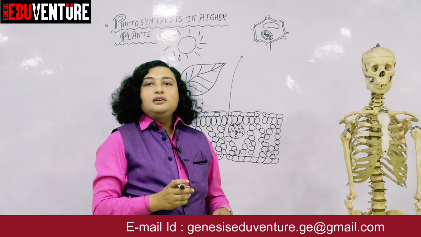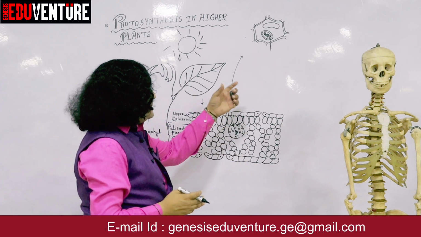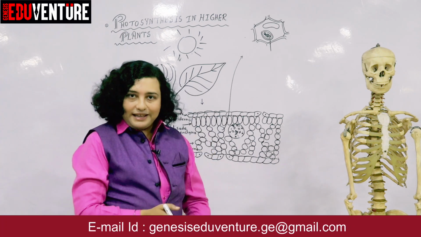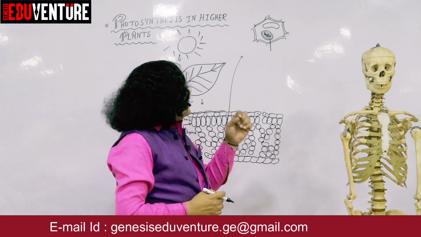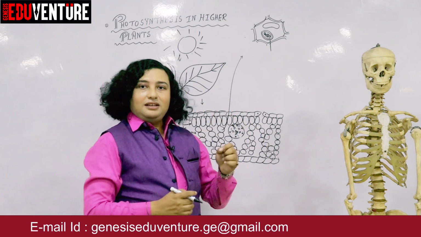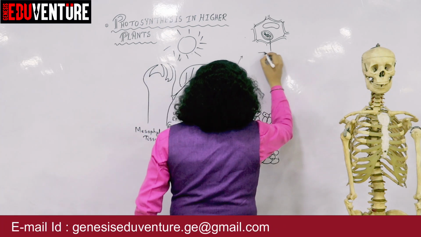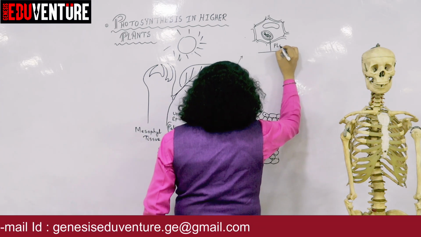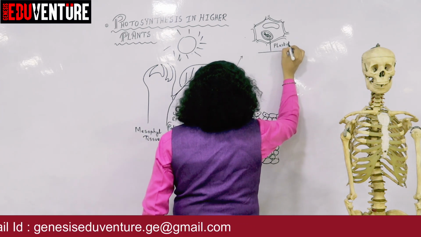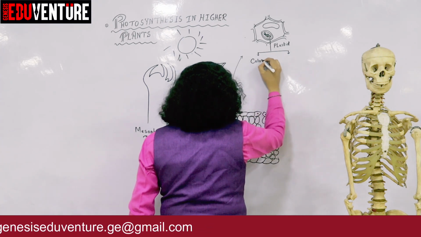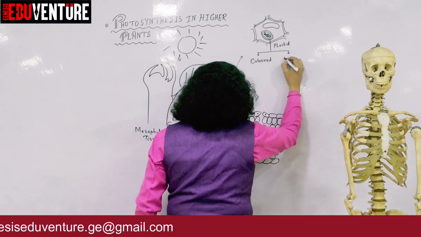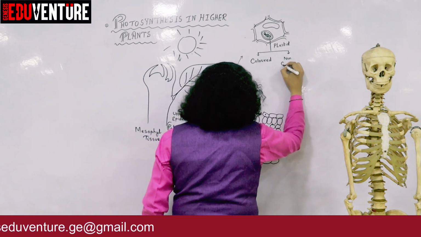You have studied in the cell chapter that plastid is an organelle which is found to be present in the plant cell, and it is of mainly two types. This is plastid, and it can be of two types. One is colored plastid and another one is non-colored.